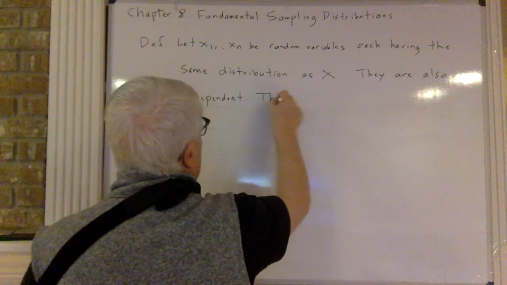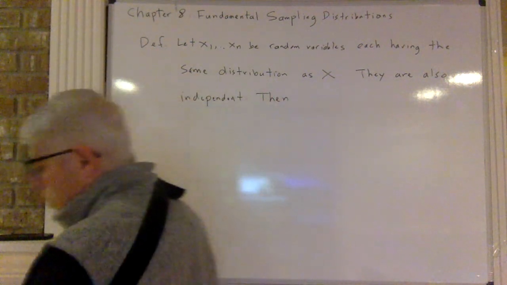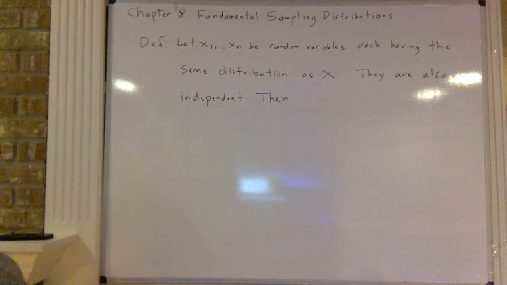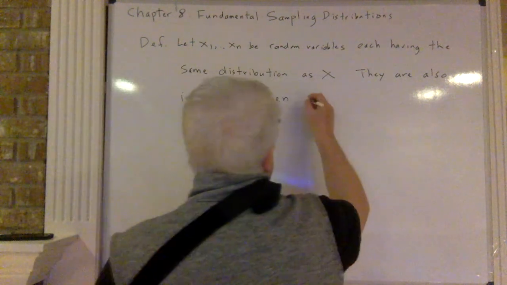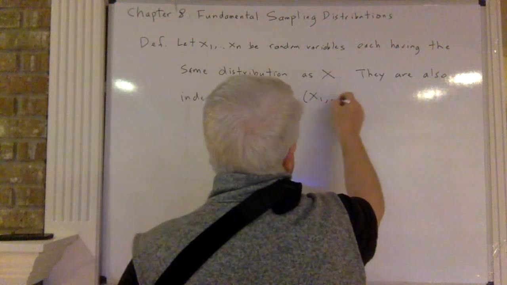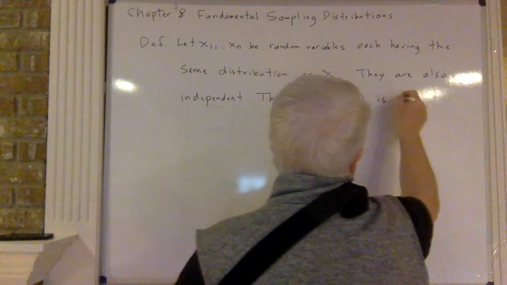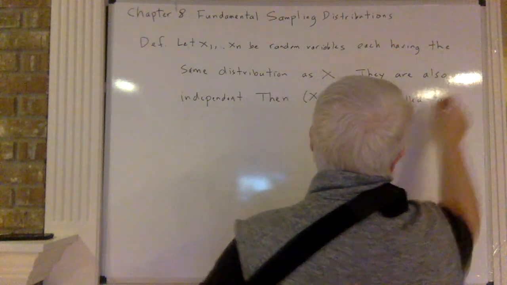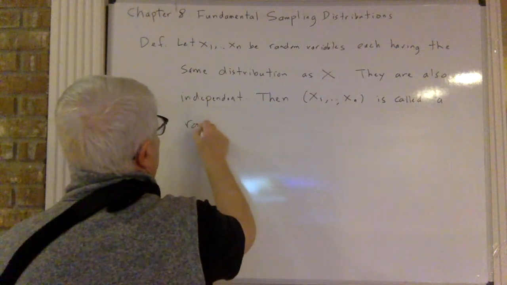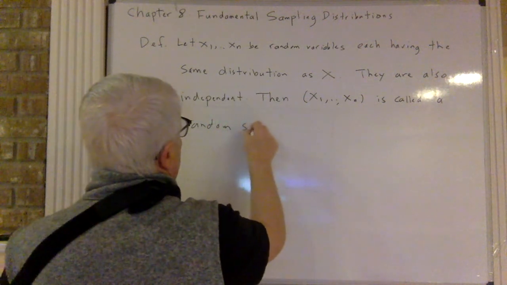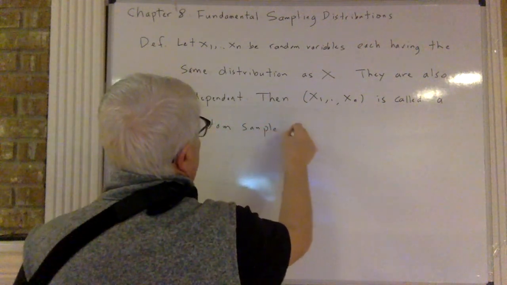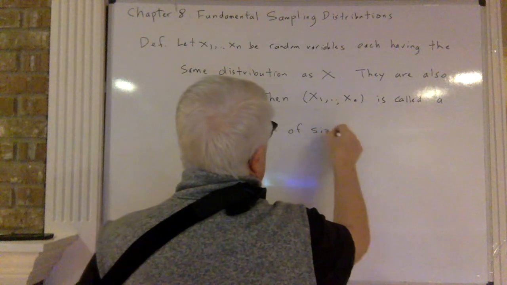Then this x1 up to xn is called a random sample of size n. Then this x1 to xn is called a random sample of size n.